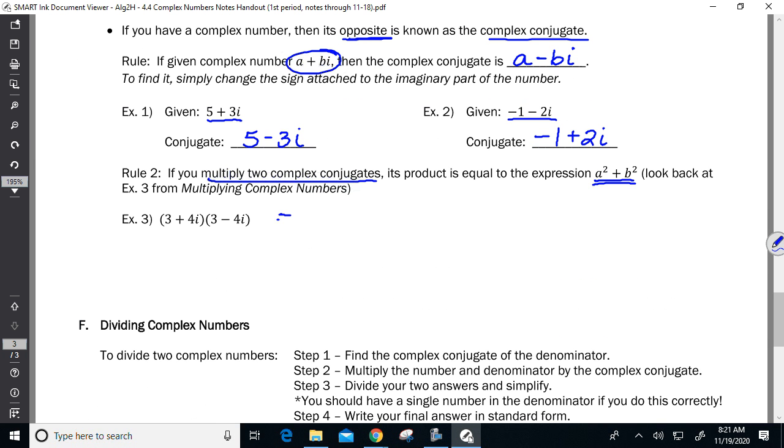We know this answer is 25. We've already worked it out. But if we look at the problem, 3 is your a value, 4 is your b value. So if you see that they are complex conjugates, then you don't have to do FOIL. You simply have to work out a squared plus b squared. So that's 9 plus 16, which is still 25.